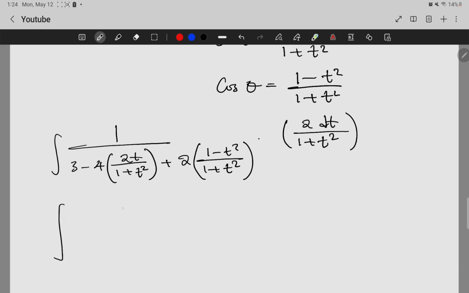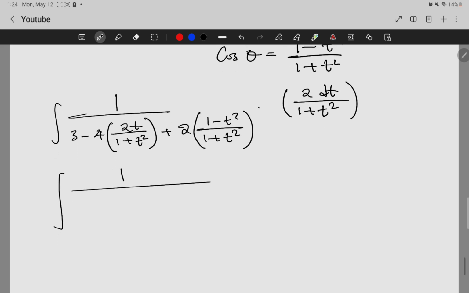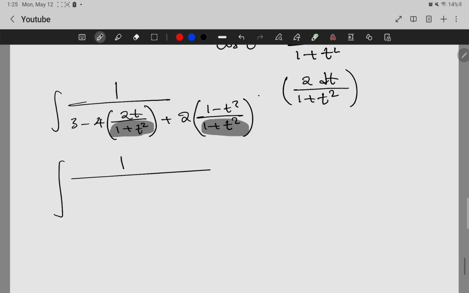So let's deal with the first part. In the denominator, I want that to be written as a single fraction. The common denominator is 1 plus t squared. So the 3 will multiply the 1 plus t squared to give us 3 plus 3t squared, minus 4 will multiply that 2t to give us minus 8t.